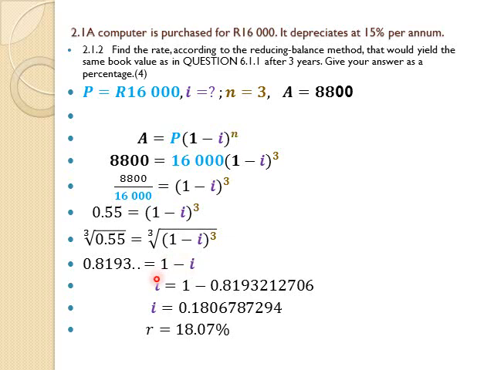Take negative I over, positive I. Take 0,8193 over, it becomes negative. So 1 minus that gives me 0,1806787, etc. Multiply by 100 to get my rate. My comma shifts 2 spaces, so I have 18,067. The 7 makes 67, so therefore my rate is 18,07%.